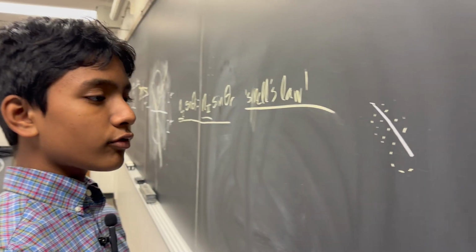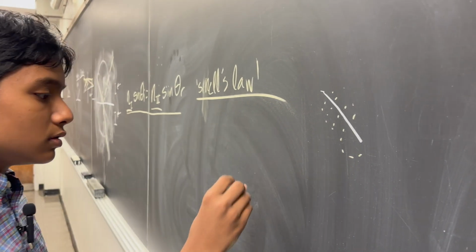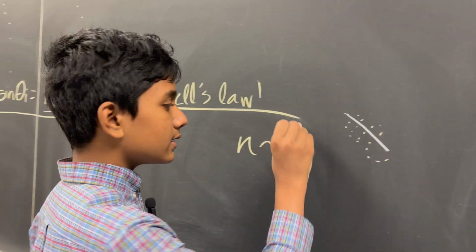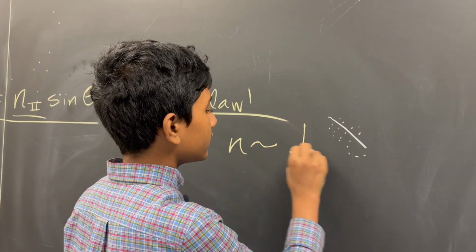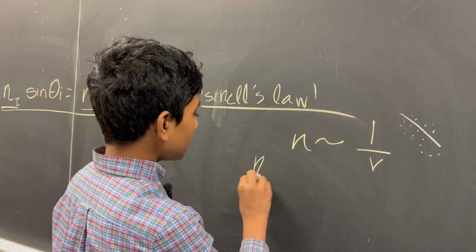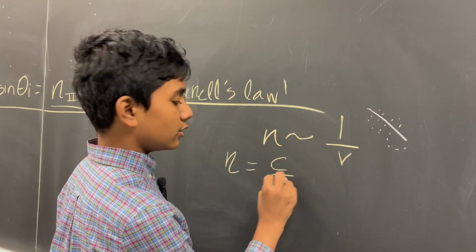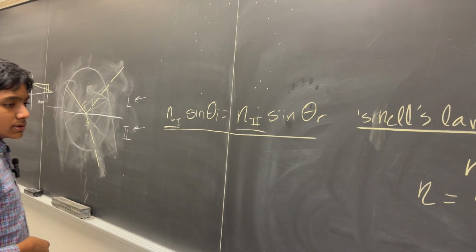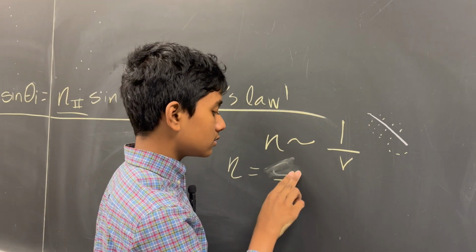So, the index of refraction is essentially inversely proportional to the speed of light in a substance. So, in specific, n is c over v, where c is the speed of light in a vacuum, which is always 3 times 10 to the 8.